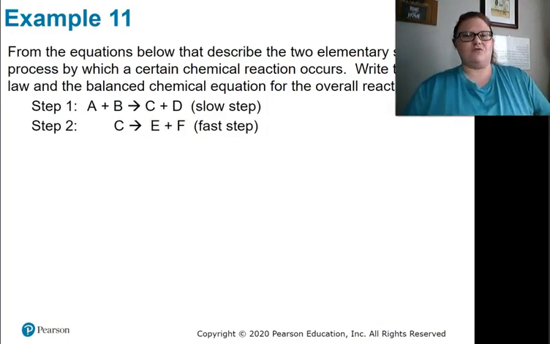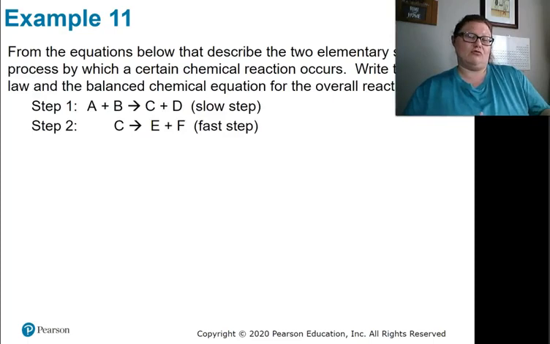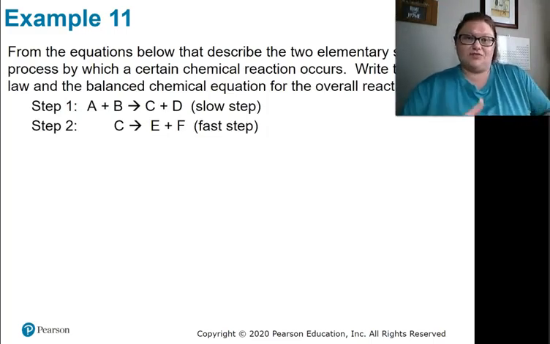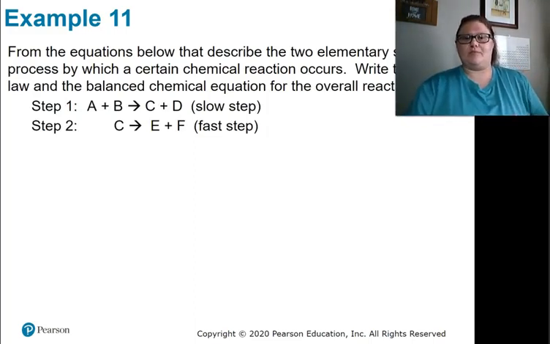Let's talk about what a slow step would mean and how that would relate to an overall rate. The rate of something can't be faster than its slowest step. Think about that. So the slowest step is the minimum to get the reaction going. And we see that happening here in step 1.